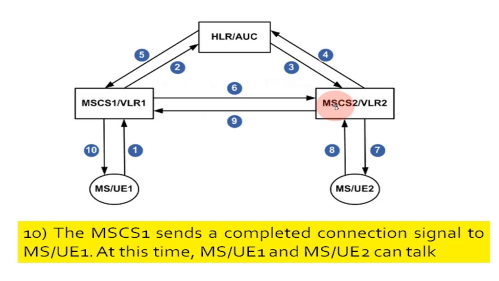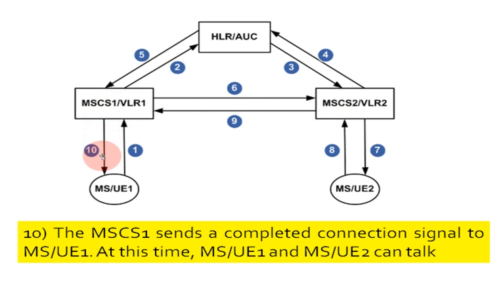After receiving this call, MSC2 is going to answer and will recognize the mobile station roaming number, and then will send a paging request to MS2 via the BSC BTS subsystem. MSC2 is going to reply, yes, I am available, I can be accessed, and then a call setup will be established between MSC1 and MSC2.